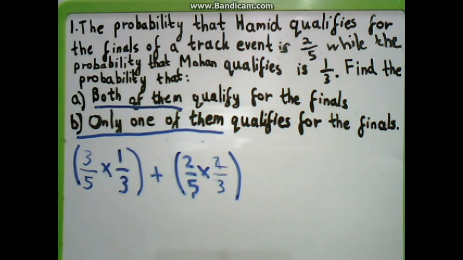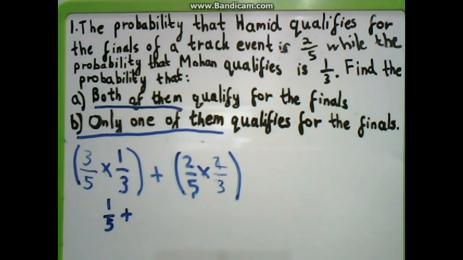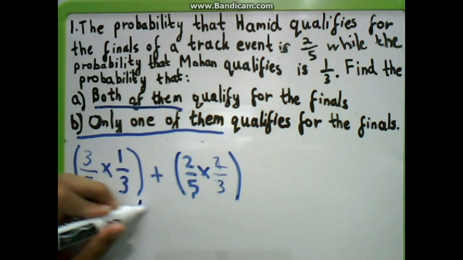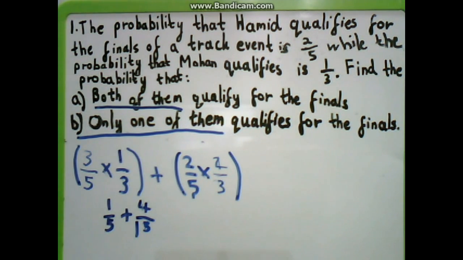So we have to do the brackets first. 3 over 5 times 1 over 3, you get 1 over 5, plus 2 over 5 times 2 over 3, you will get 4 over 15.